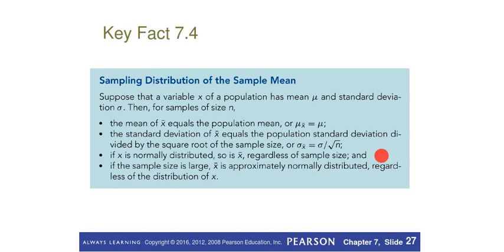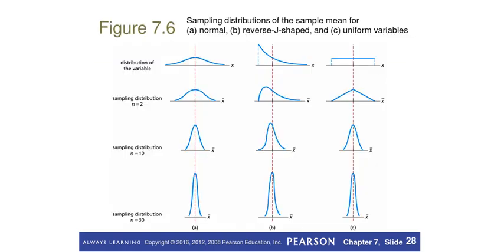So if x is normally distributed, so is x bar regardless of the sample size. And finally, if the sample size is large, x bar is approximately normally distributed regardless of whatever the original distribution looked like. Always true, right? If we had a flat kind of curve, certainly increasing the sample size causes this sort of normal distribution to occur.